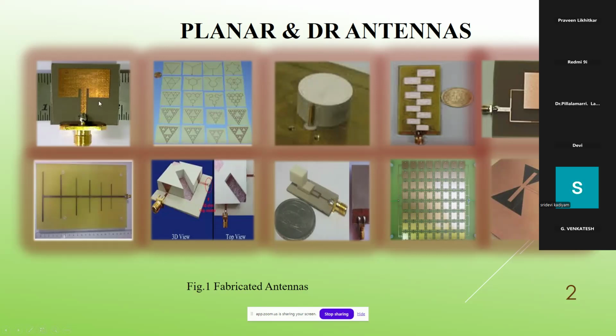First, second, and fifth in the first row, and first, fourth, and fifth in the second row are all planar antennas. And these three are dielectric resonator antennas: the third one of the first row, and the second and third of the second row.